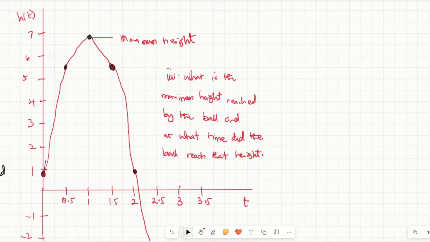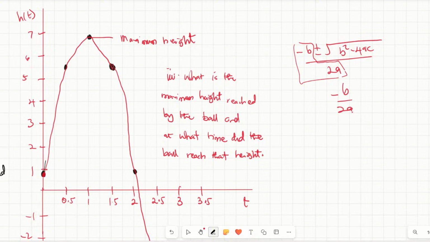So we know that, when we look at the quadratic equation, minus b plus or minus square root of b squared minus 4ac all over 2a, taking just this part of the equation determines the maximum height. So minus b all over 2a.